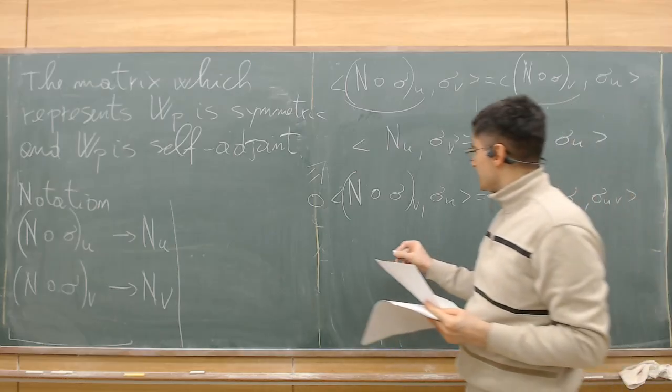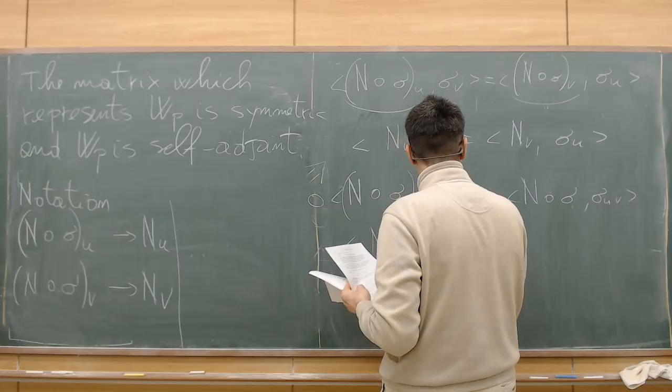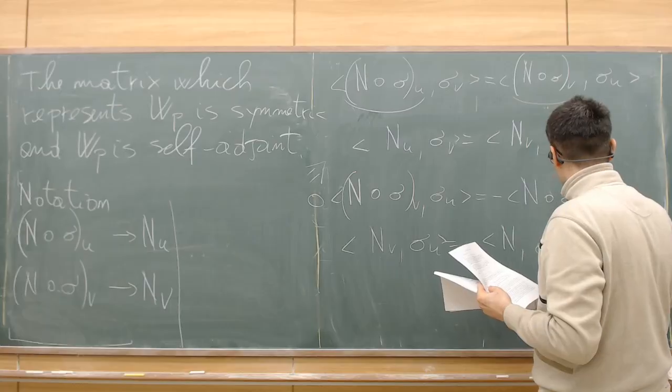This will be written as NV sigma U equal to minus N sigma UV.